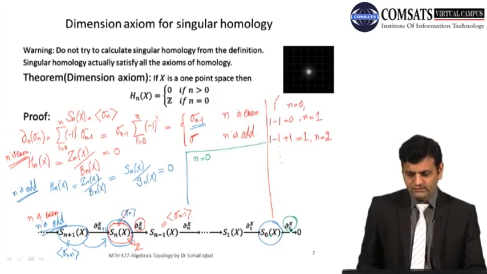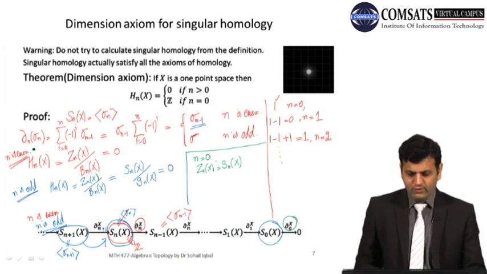The kernel of ∂_0, so Z_0(X), is equal to S_0(X), because everything is going to 0. So what are the boundaries? ∂_1, so basically when n is odd, we have seen that everything from S_1(X) is going to 0.